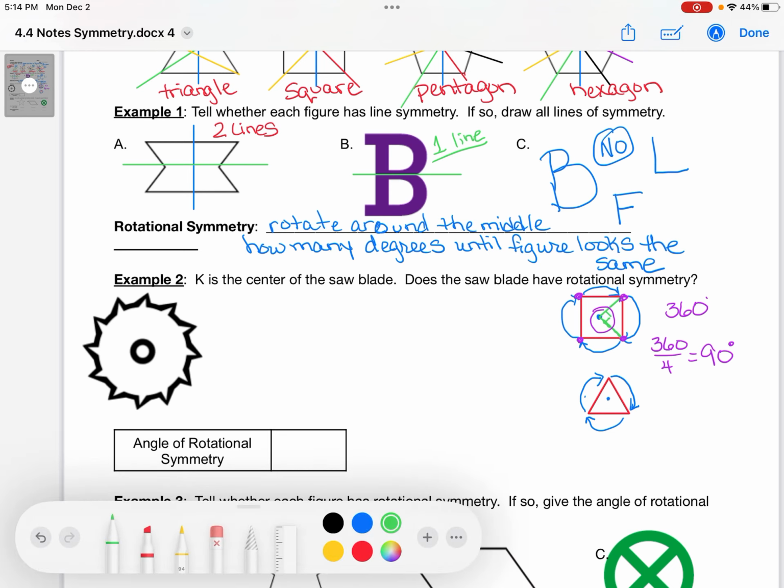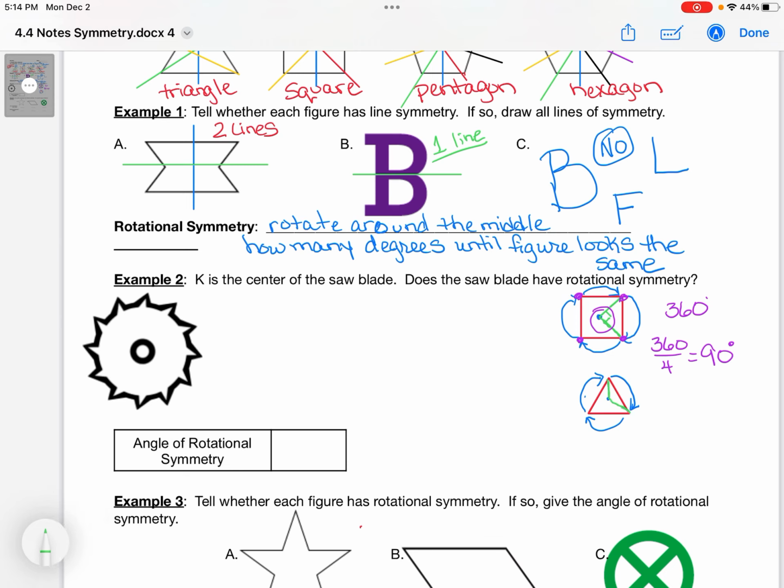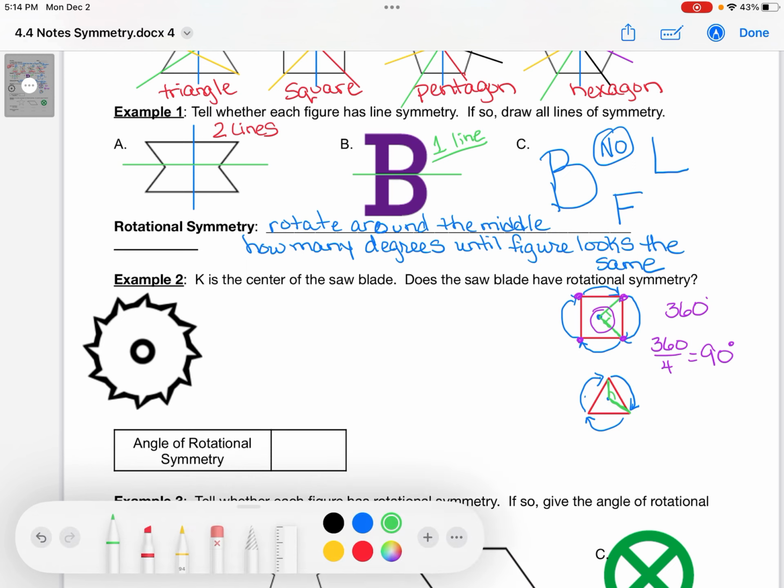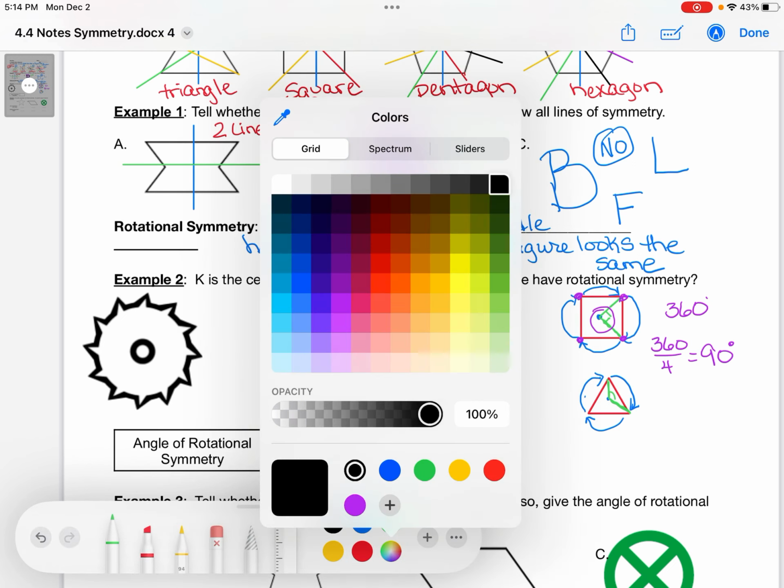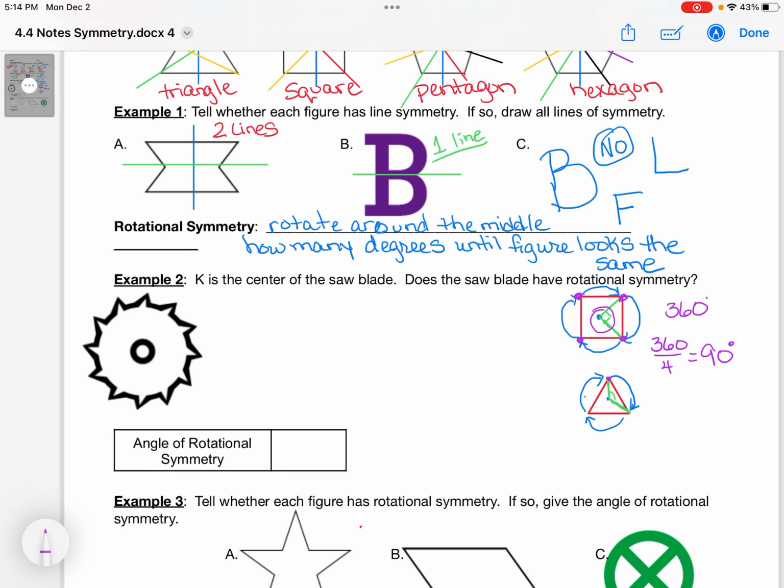So in this case, I'm looking for the angle from here to here. So I'm looking for this big angle, which is more than 90. I've got 3 dots, 3 corners where I could stop and it would look the same. So I'm going to take 360 and divide by 3, which is 120 degrees, which is how much this angle is right here. So the angle of rotational symmetry is 120.